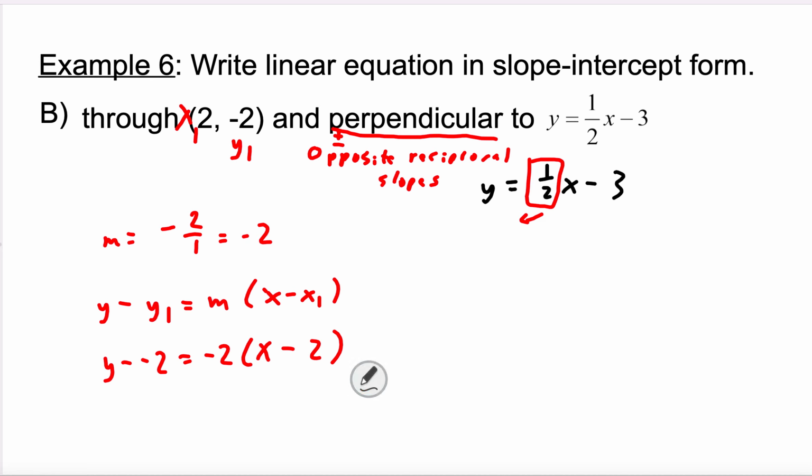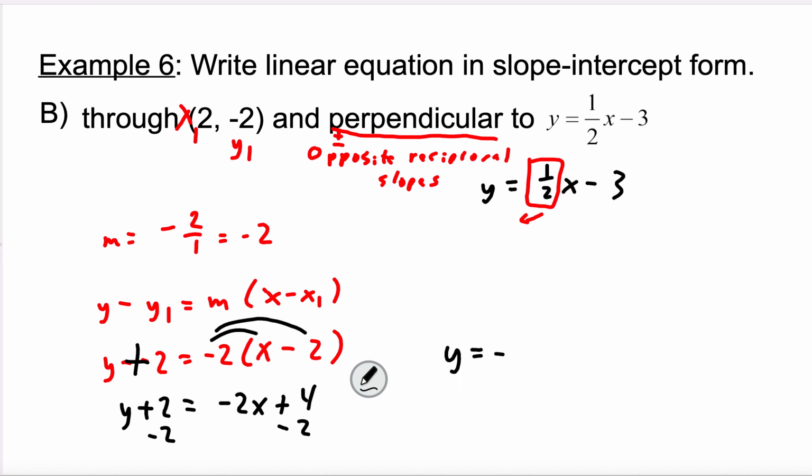We have a minus there going on with the 1, so I'm going to change that to a plus. Let's distribute our -2 through. -2 times x is -2x. -2 times a -4, minus -2 times a -2 there is a +4. Bring over the 2, so I have to subtract 2, and we end up with y equals -2x plus 2.